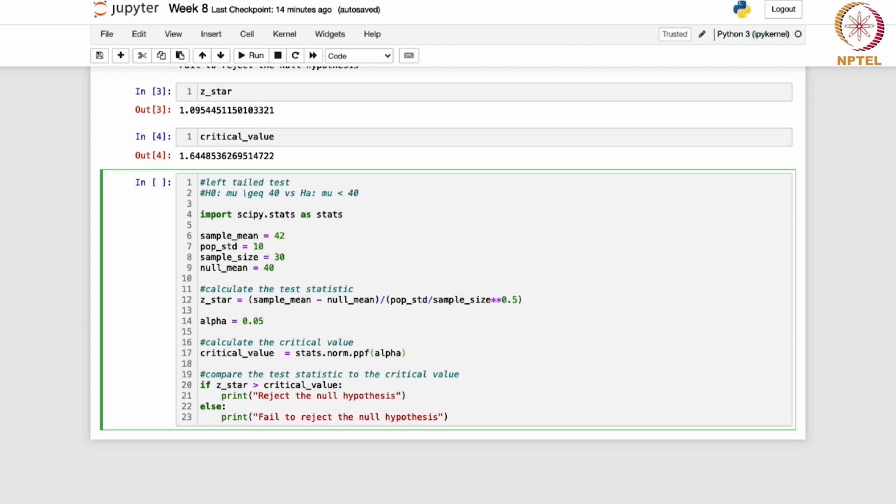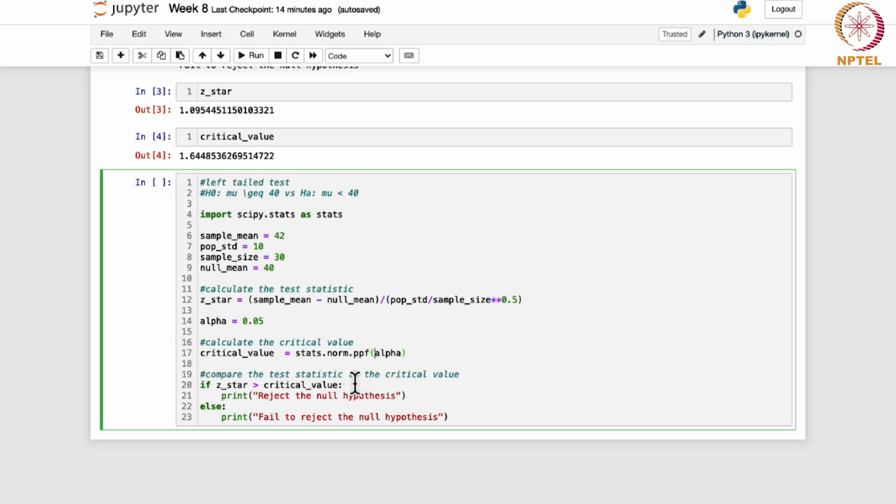The ppf function considers the area to the left of that particular value, so it is basically the same. This z score is indeed the negative z alpha value, because of symmetry we will have negative values to this side.